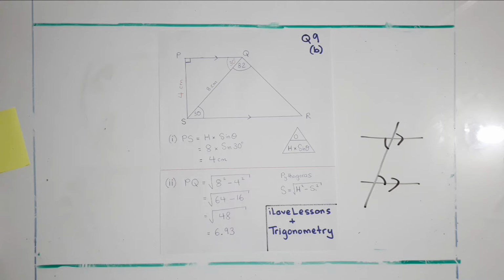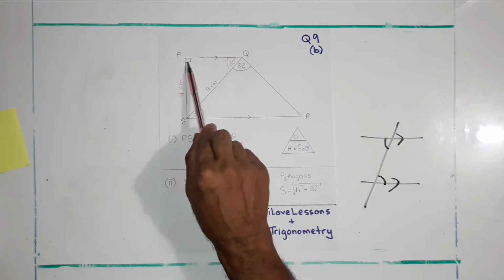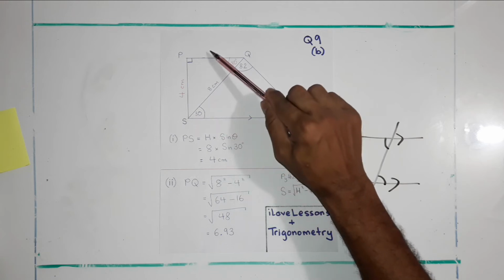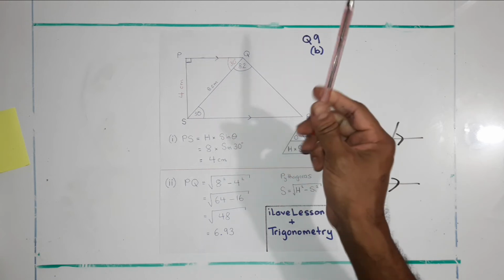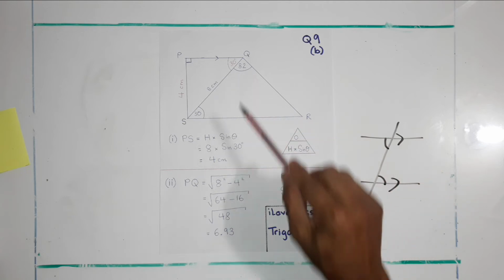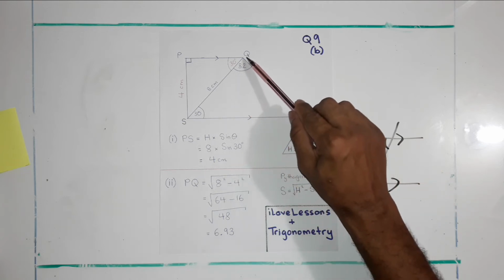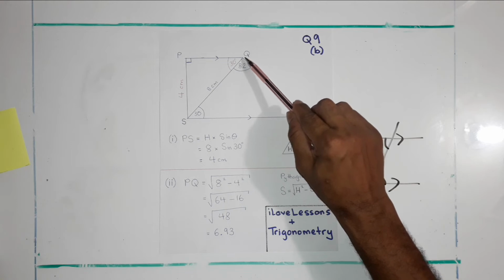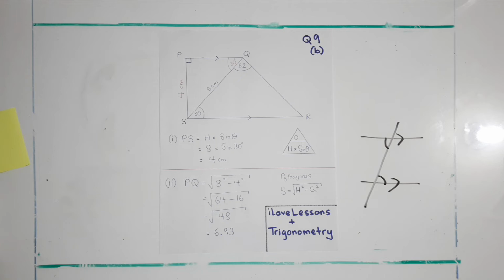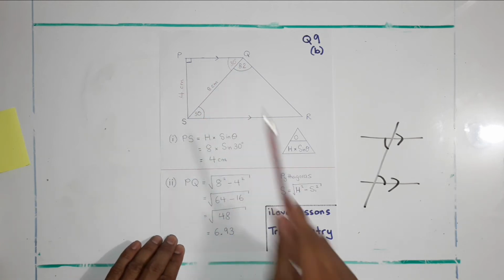Great. They ask us in the next question to find PQ. You notice this is a right angle triangle. There are a couple of ways to find this side. There are 3 or 4 ways, sorry. But I'm just going to use the easiest way. I'm going to use Pythagoras Theorem. Pythagoras Theorem is for a right angle triangle. If we have the length of 2 sides, we can find the missing side. Now, PQ is a regular side.